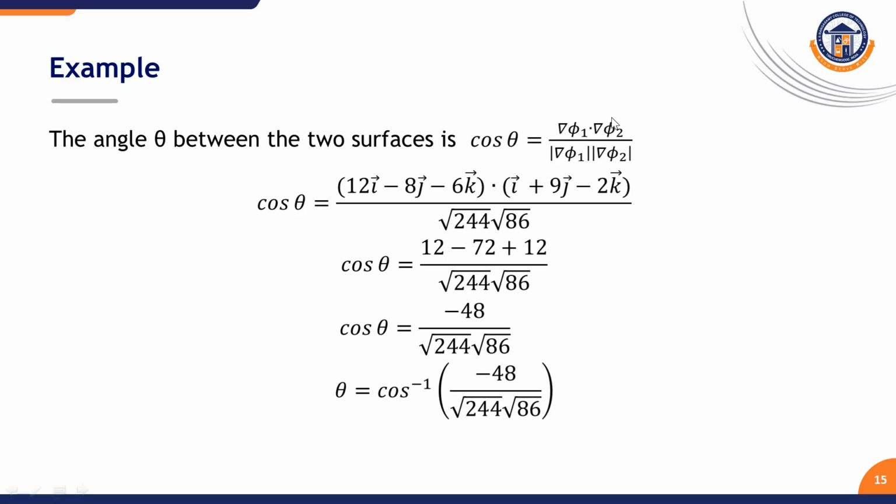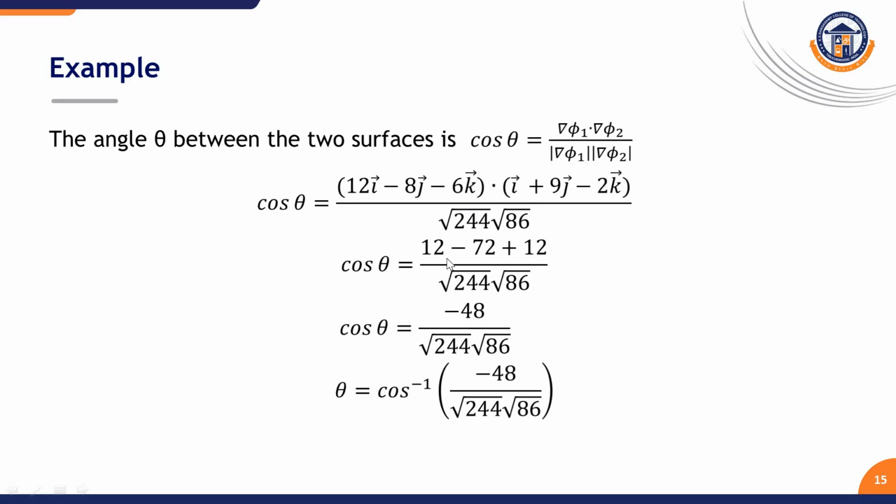Already we have calculated all the four values separately. Substituting in this formula, we get del phi 1 is 12i vector minus 8j vector minus 6k vector dot del phi 2 is i vector plus 9j vector minus 2k vector divided by modulus of del phi 1 is root 244. Modulus of del phi 2 is nothing but root 86. Next, dot product means multiply the coefficients of i vector, j vector and then k vector.